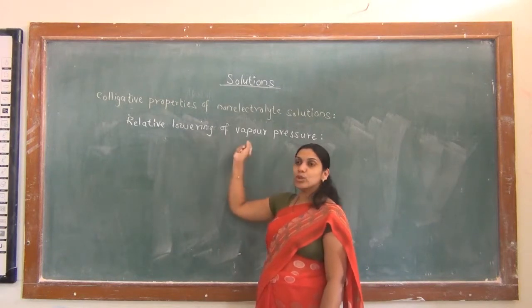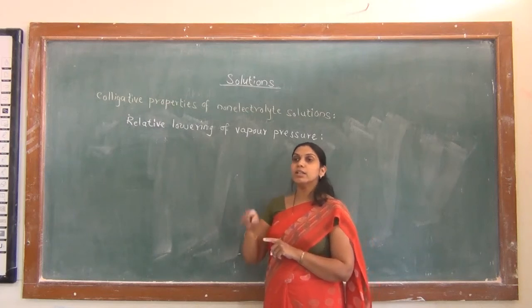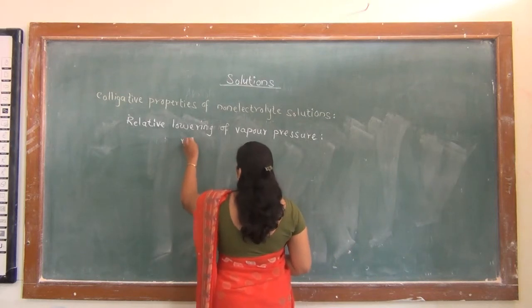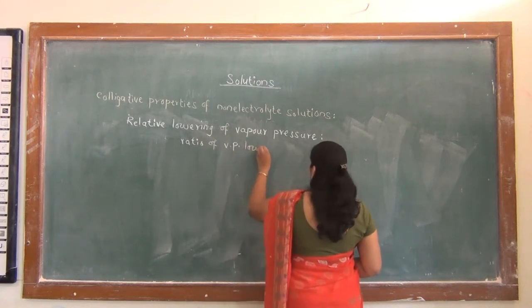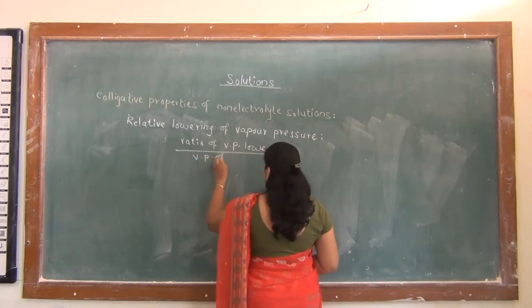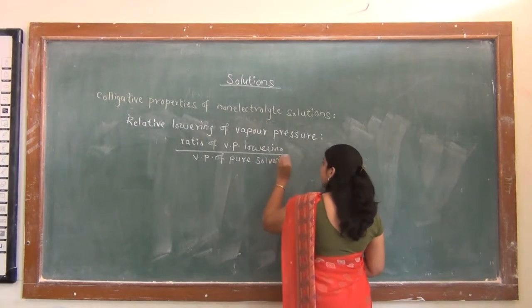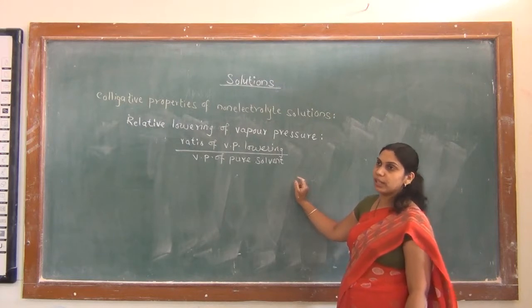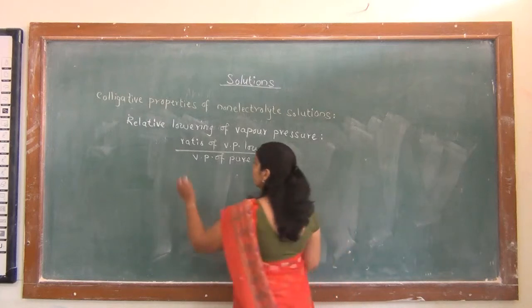See, relative lowering of vapor pressure is a ratio. Which ratio? Vapor pressure lowering to the vapor pressure of pure solvent. So, we will write this formula in equation form.